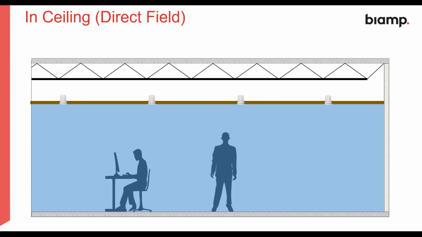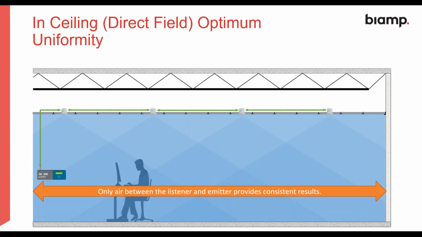And the reason why this is an ideal way to do sound masking is quite simply because the only part between the listener and the emitter or the speaker is air. So this way we get consistent results without other factors causing some way of interrupting the sound.